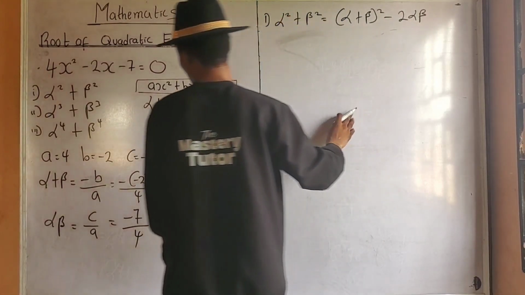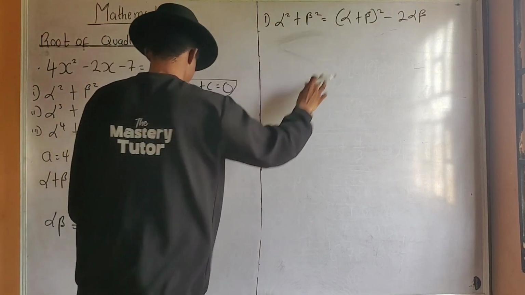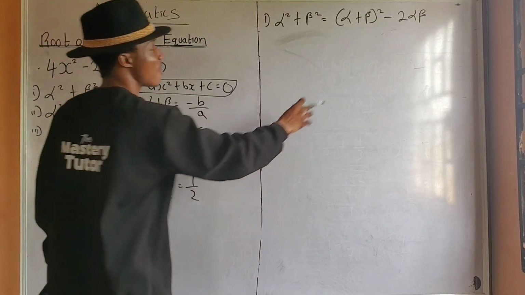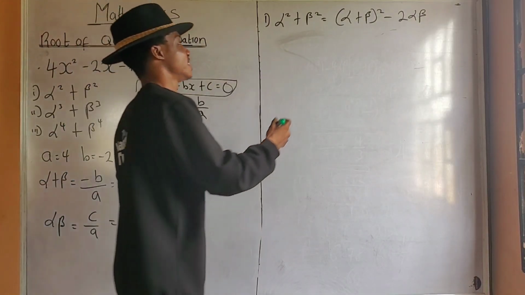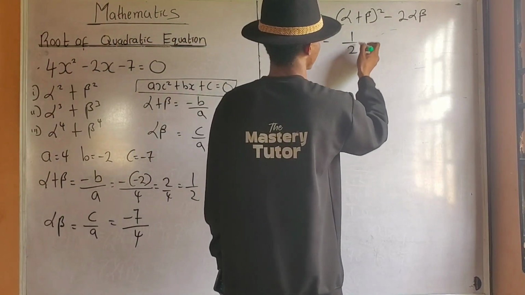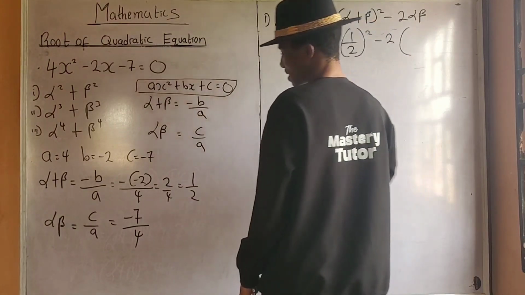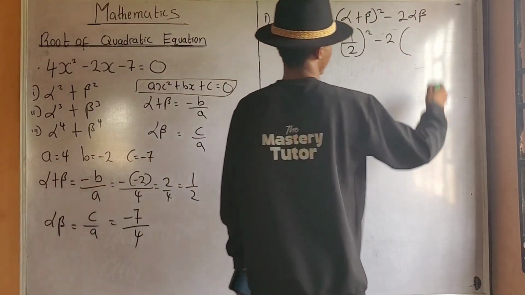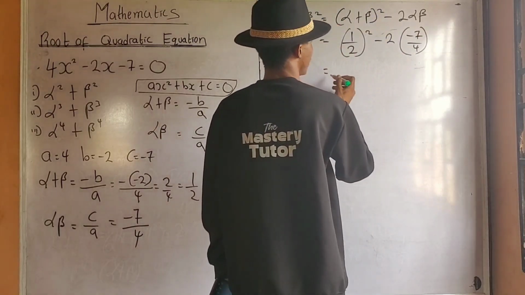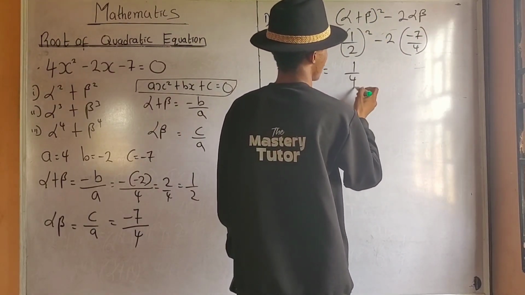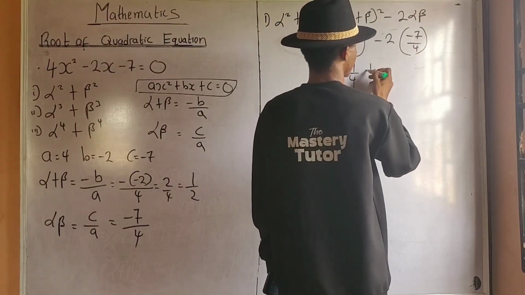Okay, so our next step is that I have to substitute the value of alpha plus beta, which is 1 over 2, and alpha beta, which is negative 7 over 4. So for this, I'm going to have 1 over 2 squared minus 2 multiplied by alpha beta, that is negative 7 over 4. Okay, 1 over 2 squared is 1 over 4 minus, minus 2 times minus 7, that is positive 14.